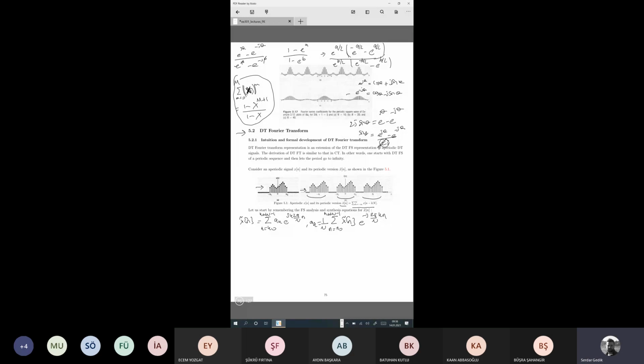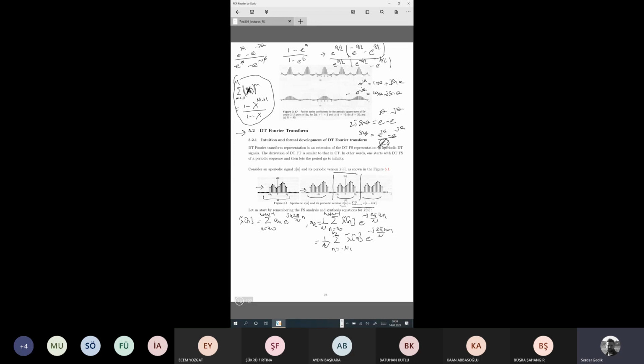So in our case, since x of n is in this interval, what I will do is I will write it as 1 over N summation n from minus n1 to n2, let's say, x tilde of n e to the power minus j 2 pi over N kn. So x of n is in this interval, so I take the summation within a discrete, let's say, period.